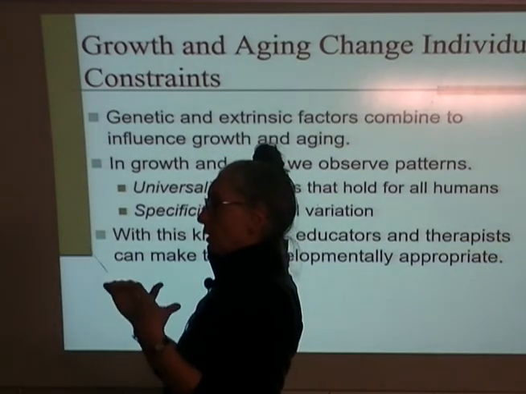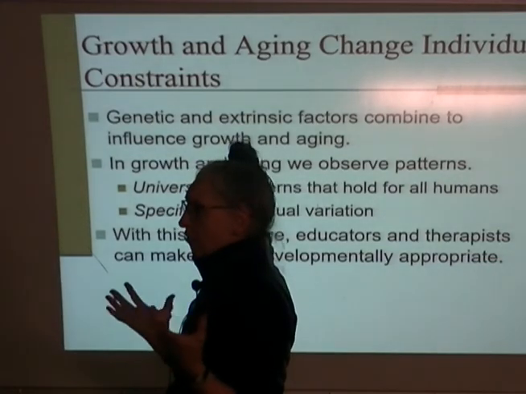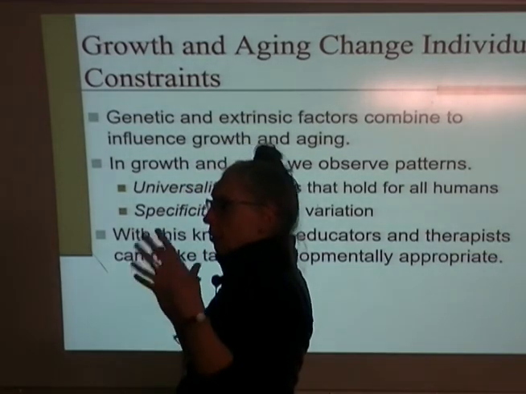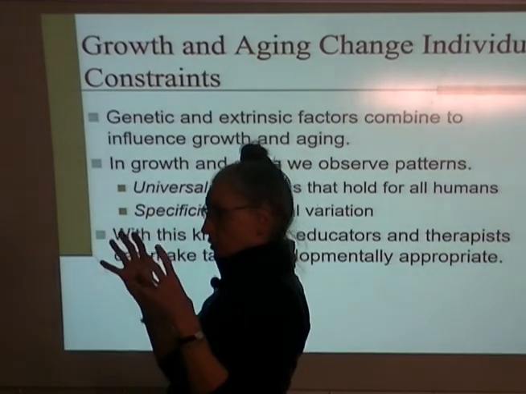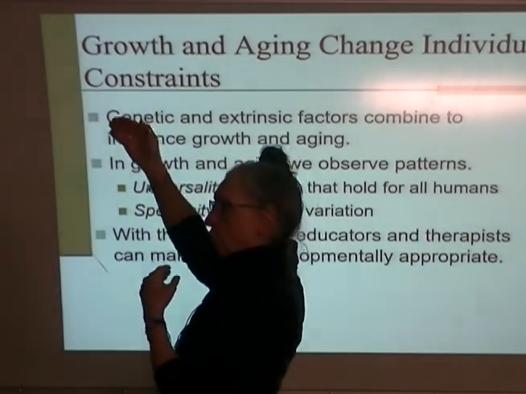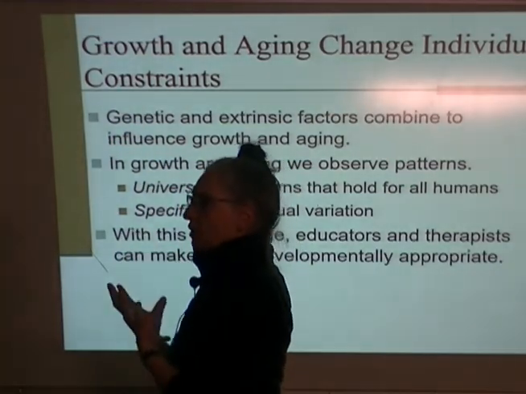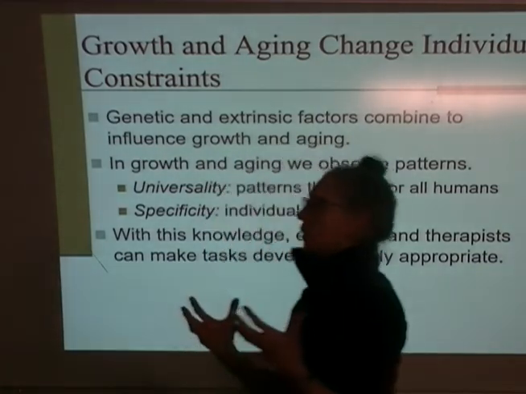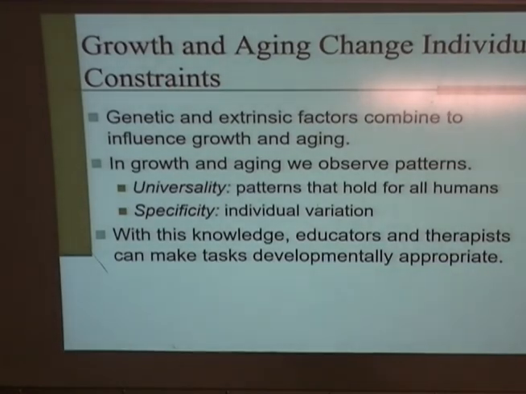So if you work with anyone under the age of 25 or so, then this growth is still occurring in certain systems. And then if you work with people at the other end of the lifespan, you might see some degeneration in the skeleton, but certainly changes in the muscular system, changes in the nervous system.